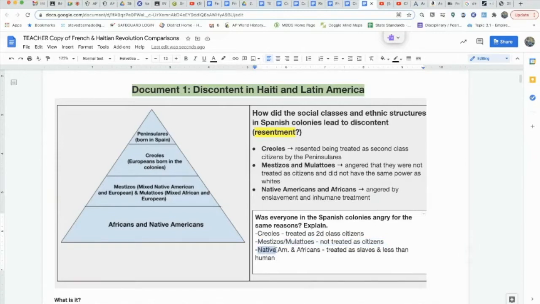And Native Americans and Africans were treated as slaves and less than human. All right, so there's a lot of anger here. This is discontent in Haiti and Latin America. Where does the anger come from?